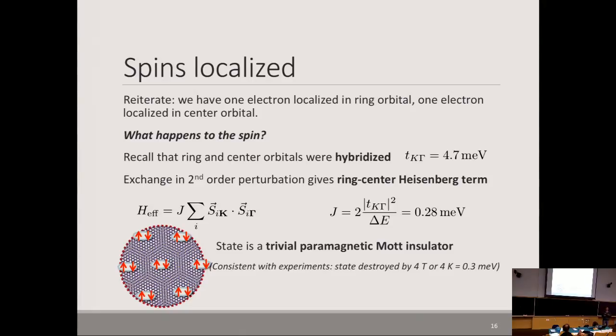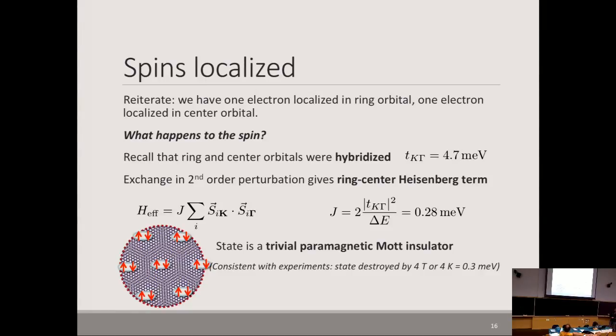Just an antiferromagnetic standard Heisenberg exchange that you're used to, which is also mentioned several times during this conference, so I'm not going to explain that. The point is that this 4.5 or 4.7 meV hybridization gives rise to this effective coupling, where J would be set by 2 times the square of this hybridization divided by the energy gain, or conversely, the energy cost that I have to pay to kill this charge transfer.